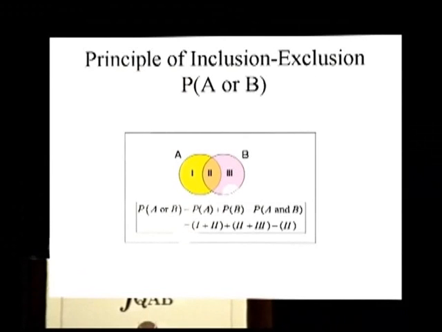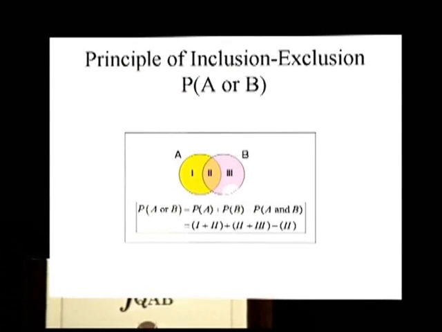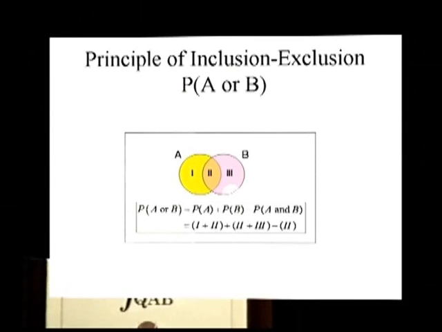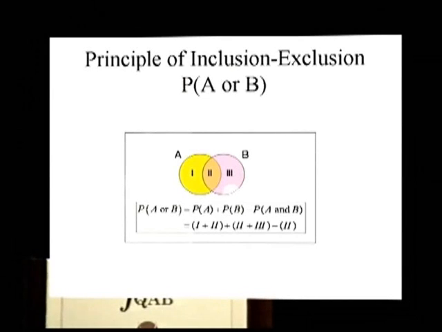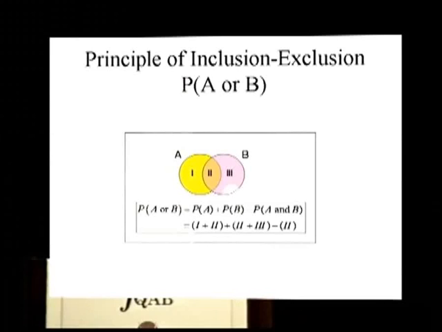Notice all the colors did not come up very nicely, but notice the following. I want the probability of A or B. Well, A or B is the entire thing. Okay? So, when I put probability of A, I'm adding the area 1 plus the area 2. When I put the probability of B, I'm adding area 2 plus area 3.